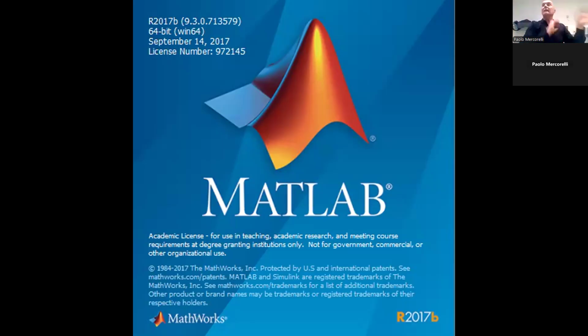This means I will tell you some procedures, and I will upload some working files. Otherwise we don't have time, because MATLAB is a really huge program with thousands of macros, commands, and graphical elements like Simulink.